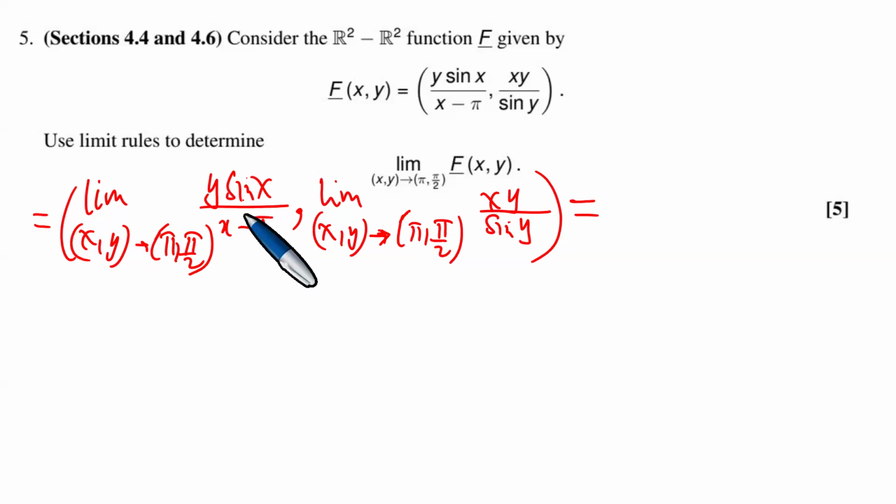The problem is this one here, the sine x over x minus pi. So we're going to perform a split. It's going to be a long chain, so it is right at the bottom here, and it's going to be as follows.